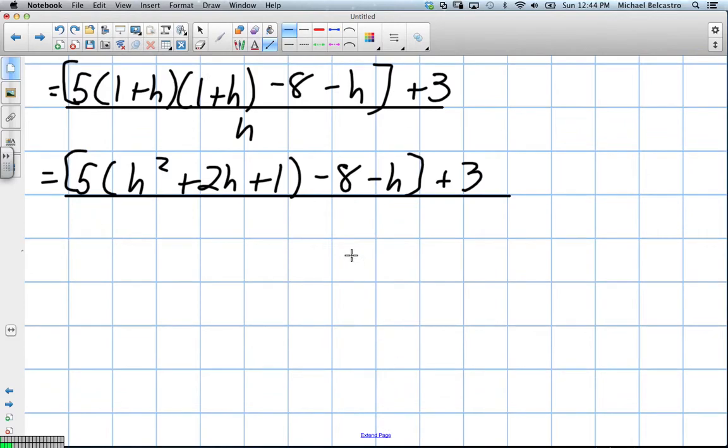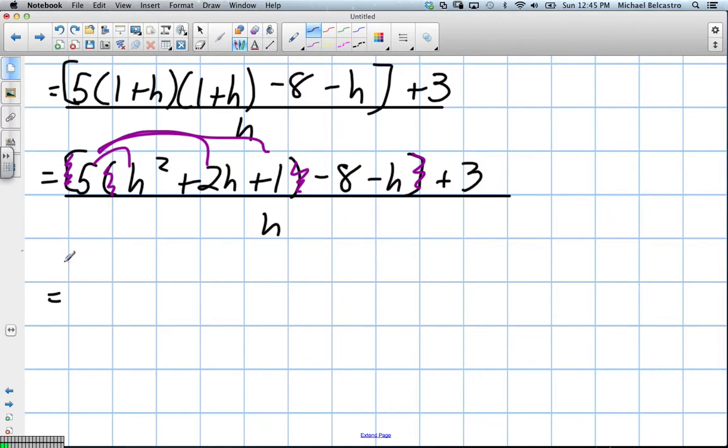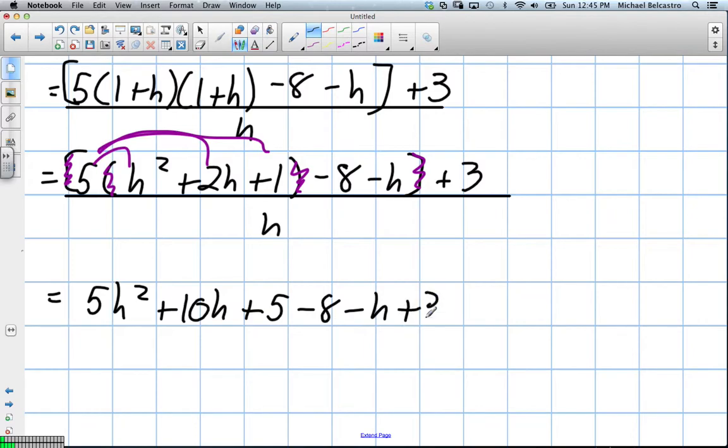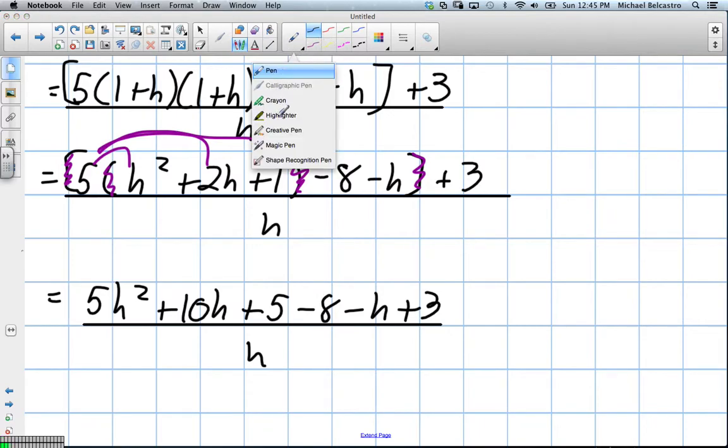Then we'll distribute that 5. When I distribute the 5, these brackets all in here are going to be able to drop everything off, and we can just collect like terms. So now we're going to be left with 5h squared plus 10h plus 5 minus 8 minus h plus 3, all divided by h. And we'll collect our like terms.